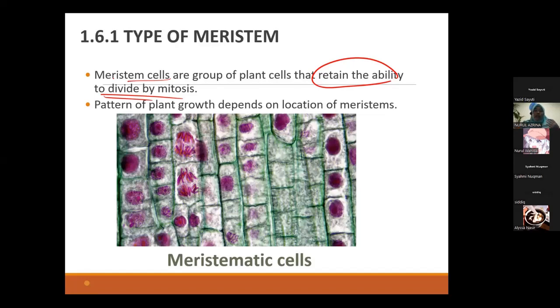The growth depends on the location of the meristem. If the meristem is located in the shoots and roots, it is meant for increase in height. If the meristem is located within the vascular bundle, it helps in increasing width or girth. Dia makin lebar. So ada 2 jenis function of meristem.